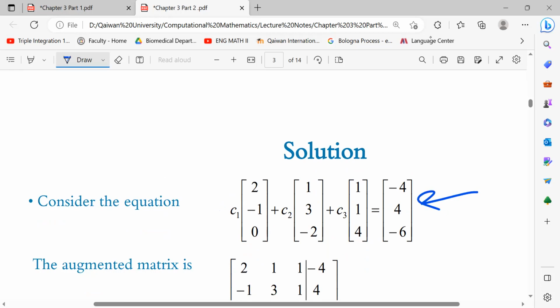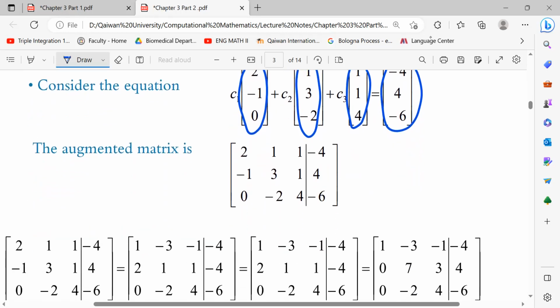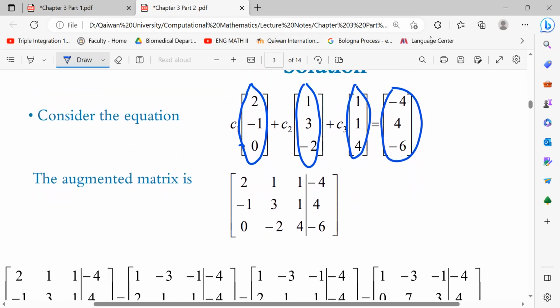Now we write down the augmented matrix. If we multiply these by C1, these by C2, these by C3, and these are the elements of the right-hand side, we get this matrix. This is the first column, this is the second column, this is the third column, and this is the fourth one.